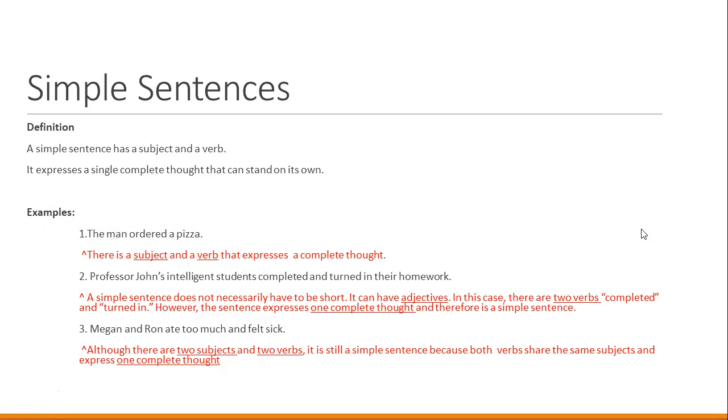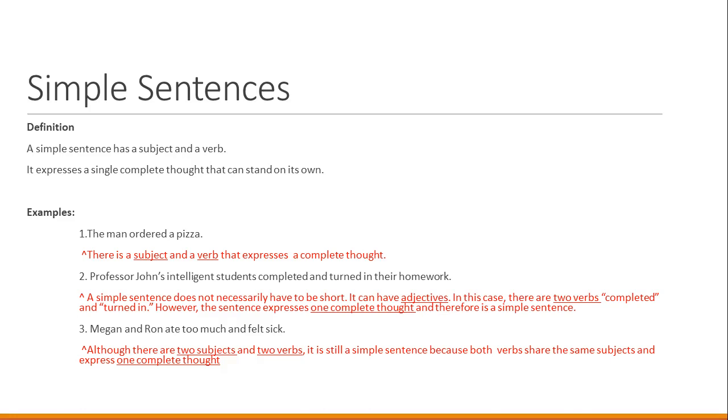Does this mean that a simple sentence will always have one subject, one verb? No. A simple sentence can also have an adjective, two subjects, or two verbs. Looking at the second example, Professor John's intelligent students completed and turned in their homework. Here we have an adjective, which is intelligent.